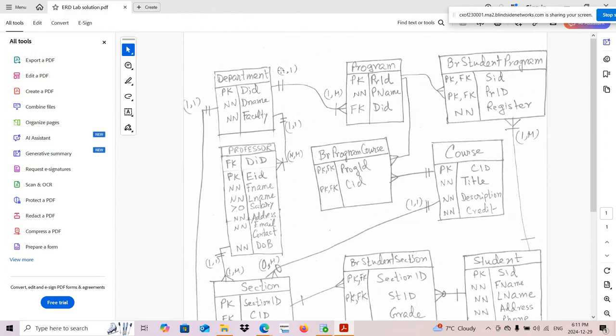What is the minimum and maximum number? So here it looks like a program is offered from only one department, a minimum one department, maximum one department. Okay, that makes sense. Like CPA, School of Computer Programming Analysis, as CPA, CPD, BSD.